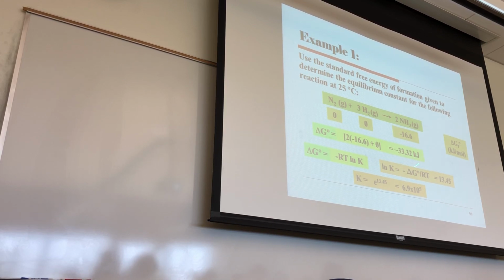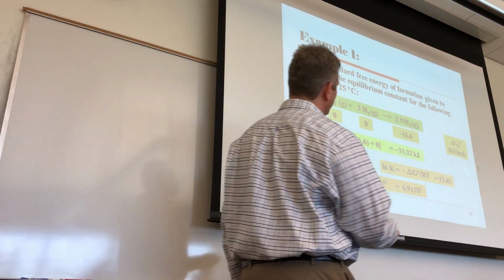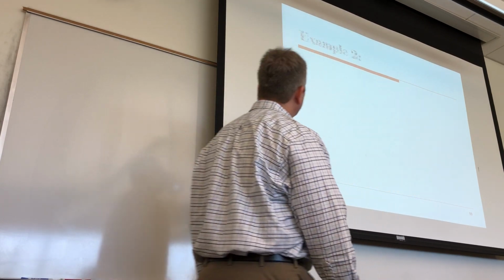What does this tell me? Oh, that's spontaneous? It's spontaneous, but I can't get it from there. I'm pointing that out because that's an instinct that you might want to follow, but that's why I asked, what are we solving for here? Make sure we're aware. We're solving for the equilibrium constant, so it's not going to tell you that.